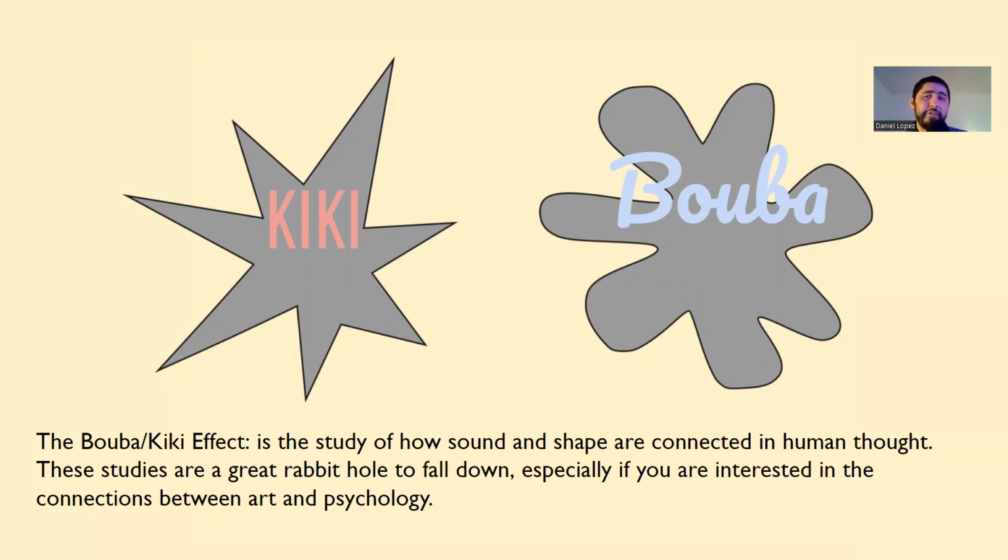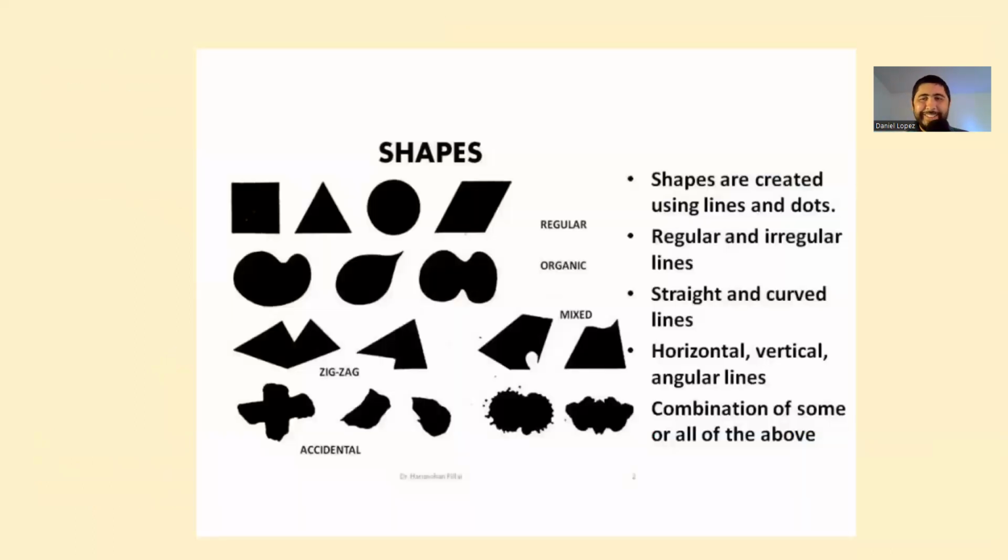There's a lot of psychology going on with organic shapes, which is on the right, and regular shapes, right? Which are just lines and I guess circles too, but basically human-made geometry.